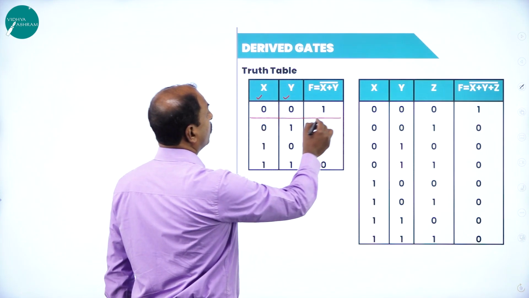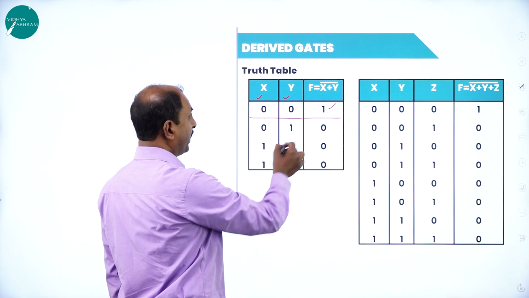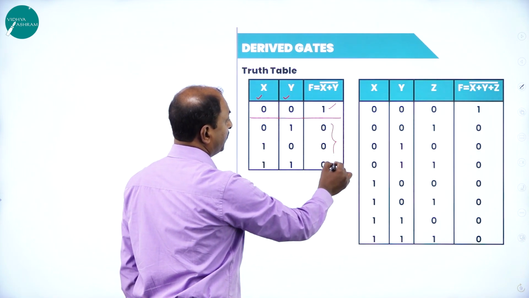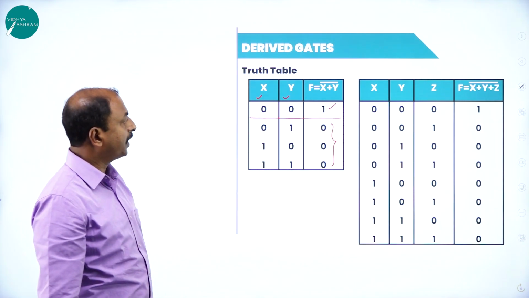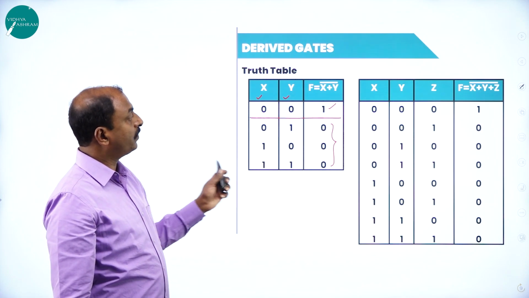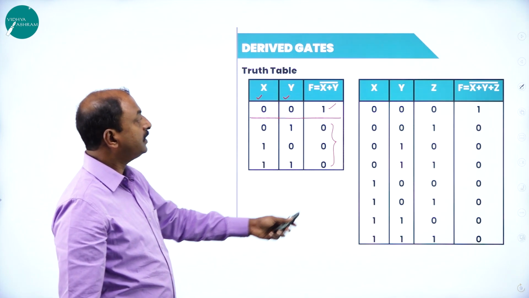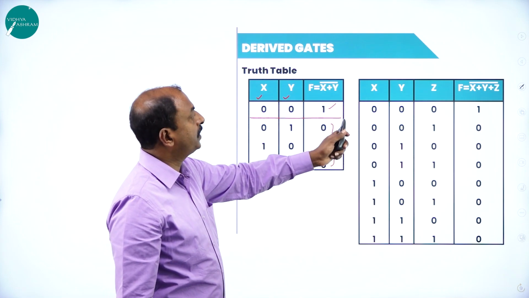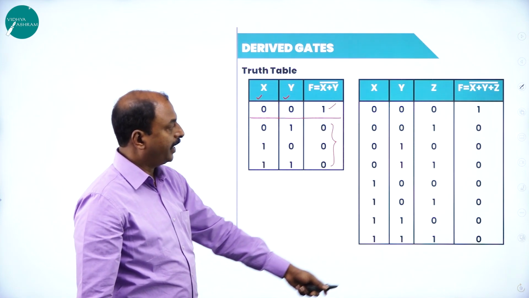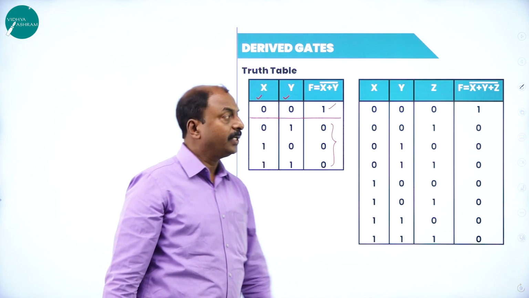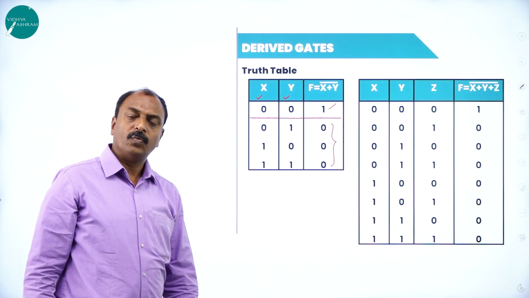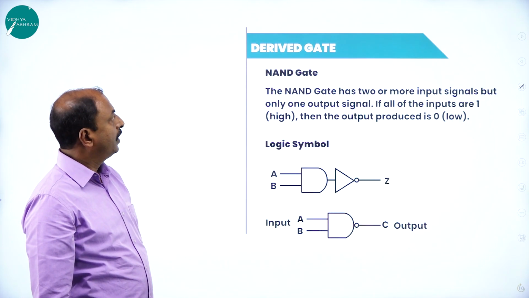So for 0 inputs, output is high. Otherwise 0. So this is the definition of NOR gate, and this is the truth table of NOR gate. And this is the truth table for 3 input NOR gate, and this is the output of this. So this is NOR gate, one derived gate.